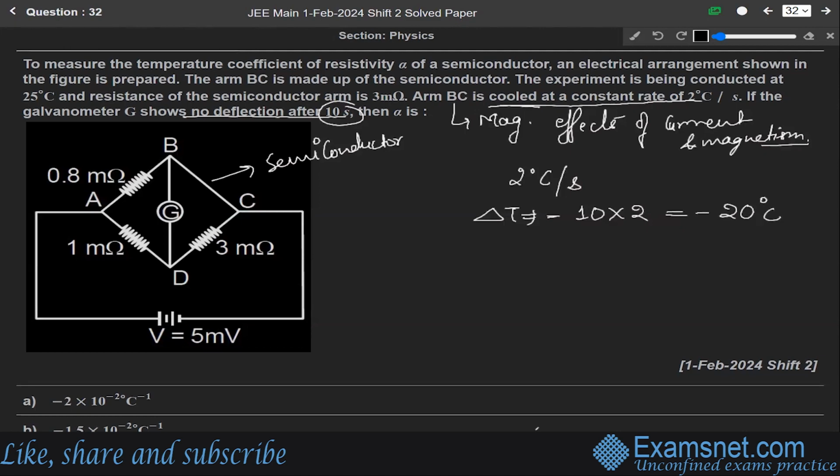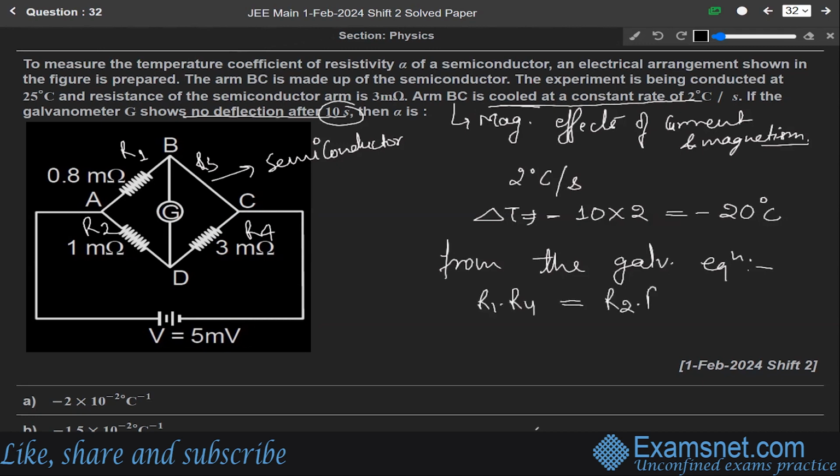Now let us say this is R1, this is R2, this is R3, and this is R4. From the galvanometer balance equation, we know that R1 into R4 is equal to R2 into R3.